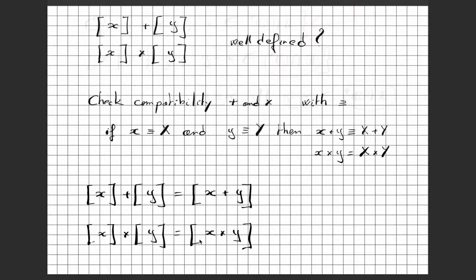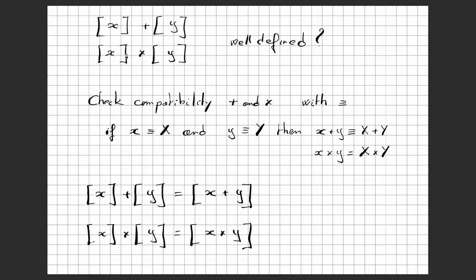Okay, so one of the first things I need to do is to make sure that I can define an addition and a multiplication between equivalence classes. And to check that, we check the compatibility of addition and multiplication with this equivalence relation.